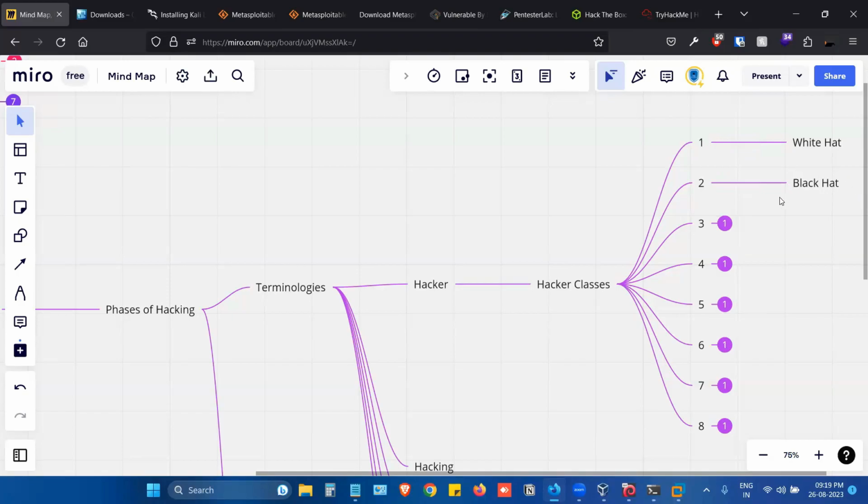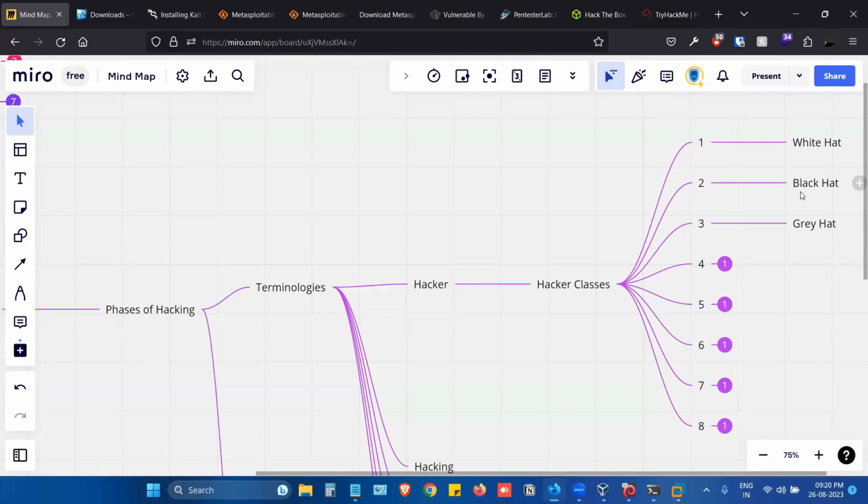There is one more type, that is gray hat hackers. Gray hat hackers are those persons that perform activities of both black and white at various times. That is why they are known as gray hat hackers. Gray hat hackers may sometimes violate laws or usual ethical standards, but they do not have the malicious intent of black hat hackers. They are not always malicious like black hat hackers, otherwise they would be black hats.